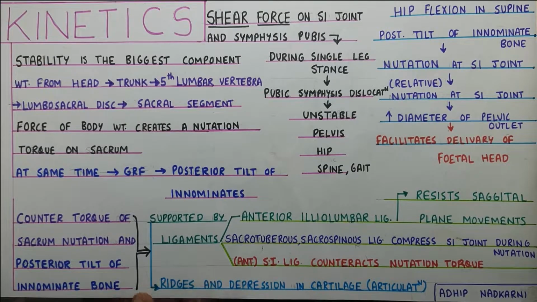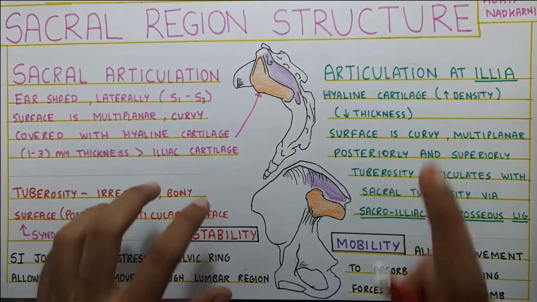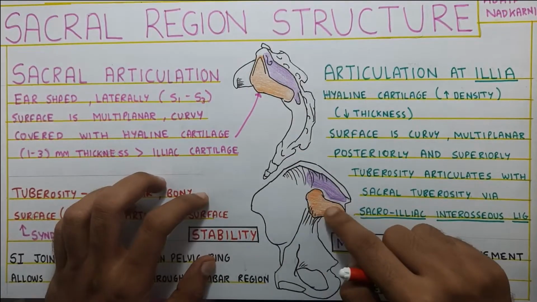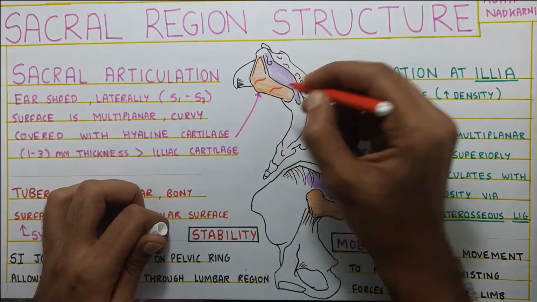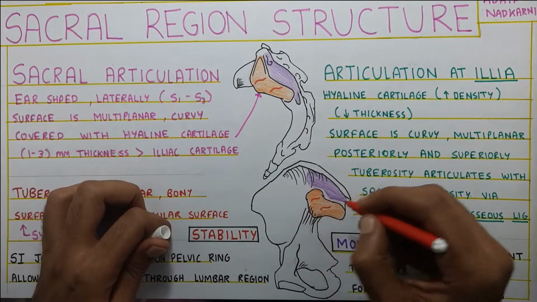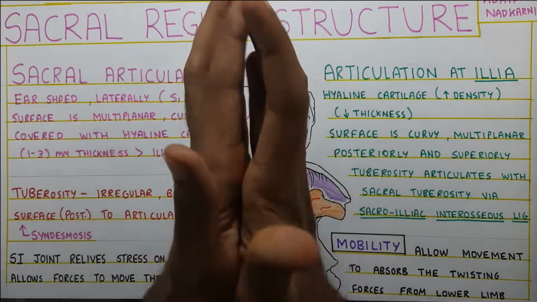So there are ridges and depressions present in the cartilage of the articulation. If you don't remember the articulation, let me get back to that. If you remember over here, we had seen this articulation. There are some ridges present at these articulations, and it's kind of an interlocking system, right?